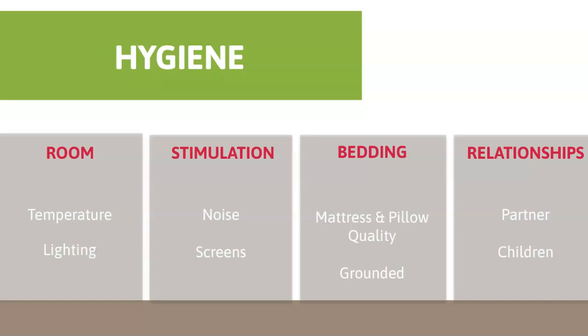Grounded just simply means there's some products on the market that mirror the actual grounding currents, electrical type currents, frequencies that you would get if you were outside. So the grounding concept in the health and wellness space is really talking about contacting the ground every day with our bare skin.